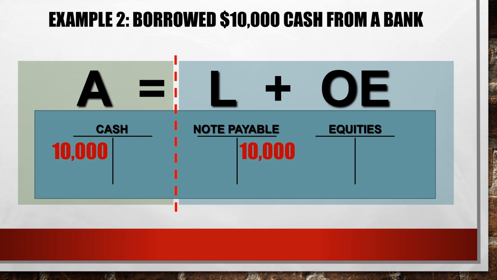The liability account, called notes payable, also increased. An increase is shown in a liability account with a credit. The $10,000 is put on the credit or right side of the ledger account. Note that the debit is equal to credit.